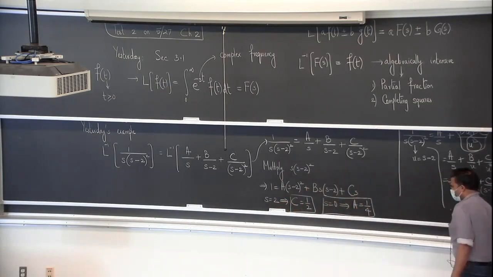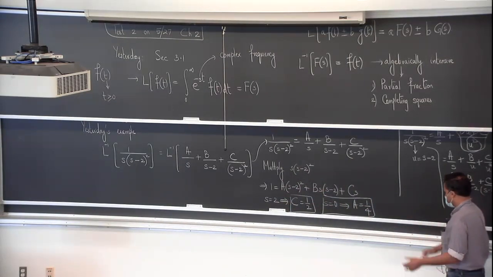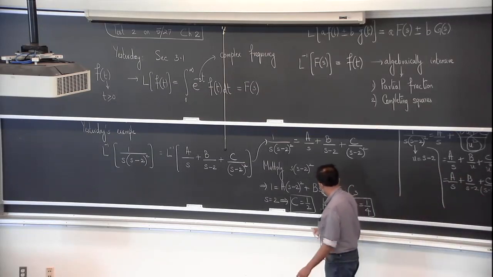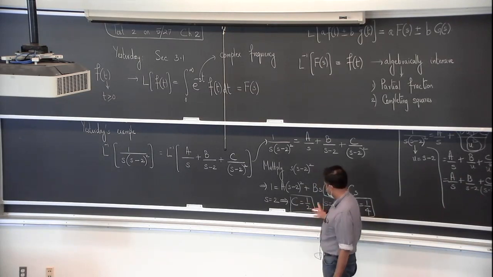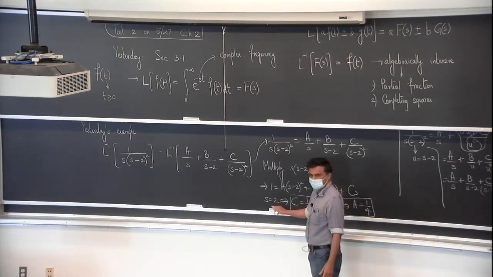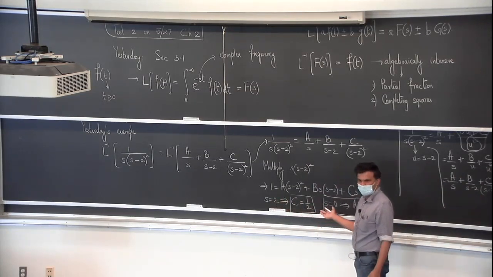But to find the remaining constant b, you could either expand it out and make a pretty complicated expression, or you could just give some random value to s. What would be the easiest value to assign for s here, other than 0 and 2, which we already used? What is your most popular number? 1.